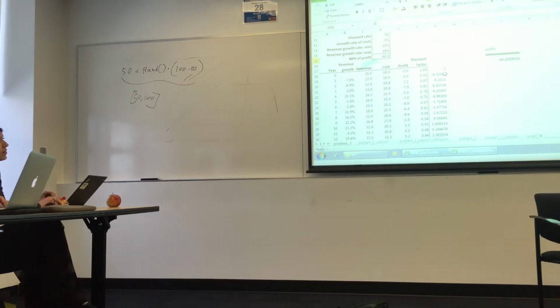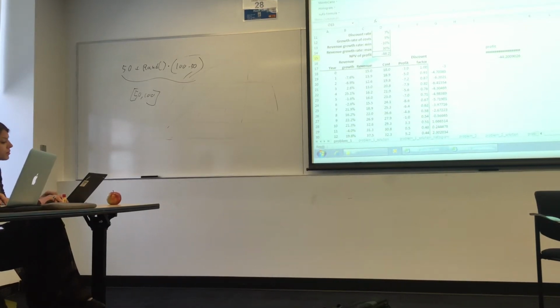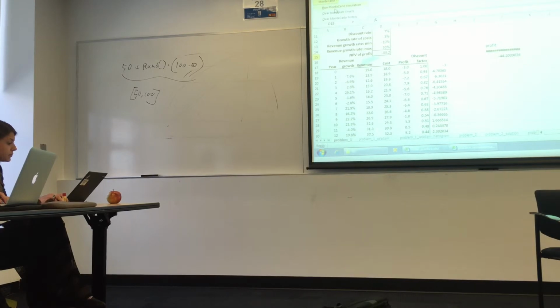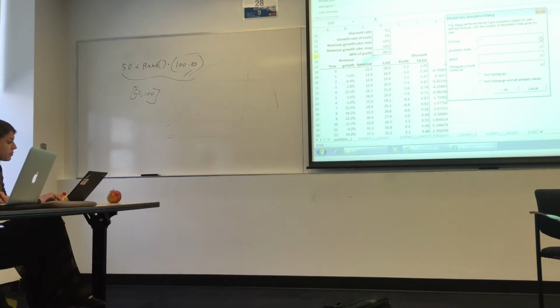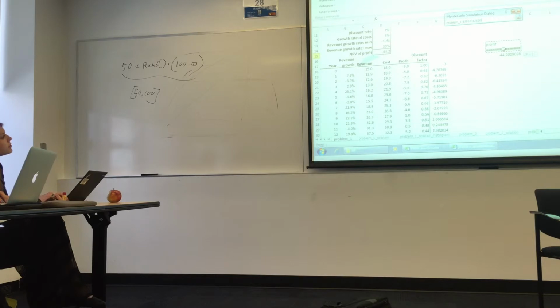Yes. Okay. Let's now run the Monte Carlo. So Monte Carlo, run Monte Carlo simulation. The formula is just this thing. The formula is the profit, because I want to create a formula of this. So I write the name above and the value. The simulation trials is 500. And the result, I just want the sum.